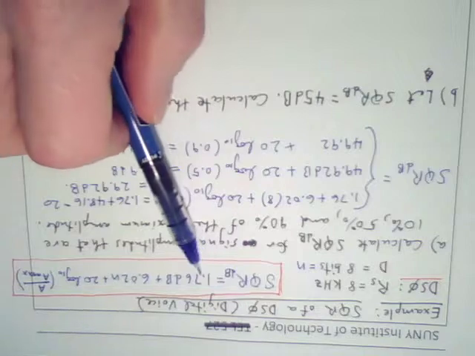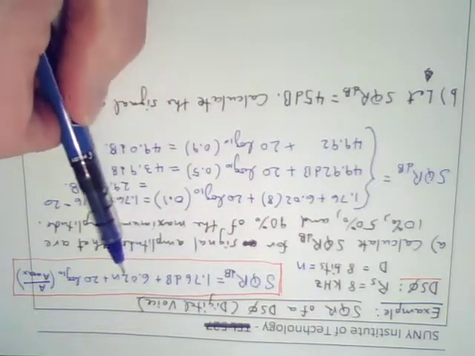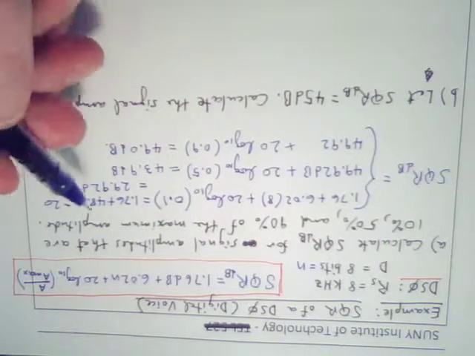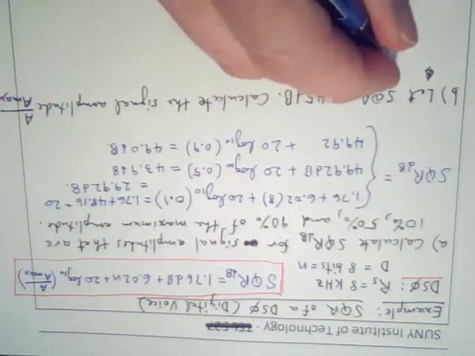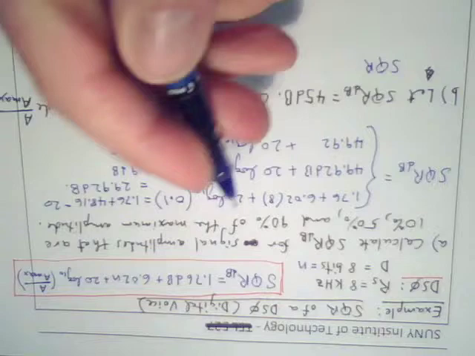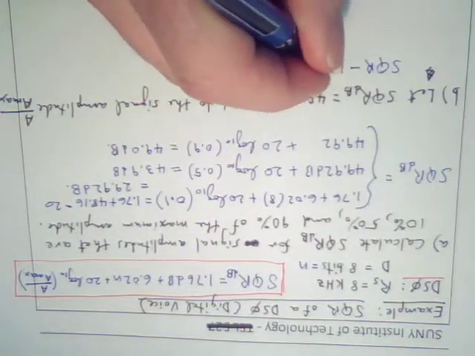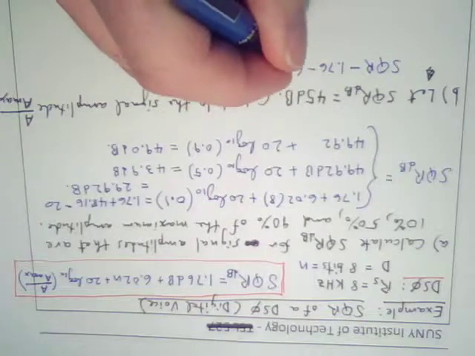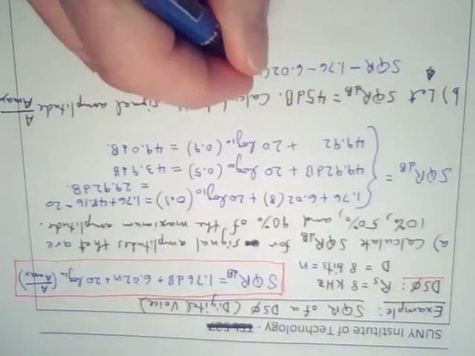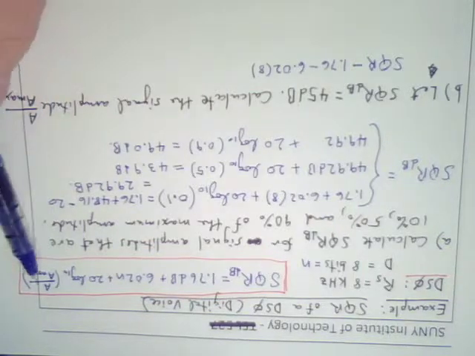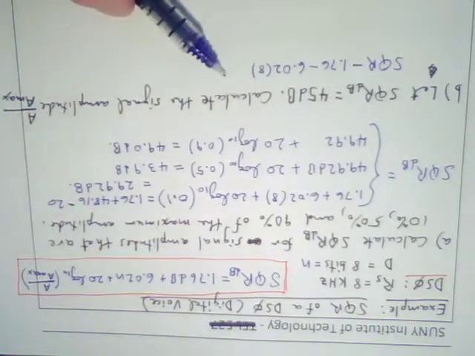We still have the case of 1.76 plus 6.02 times 8, so it's 49.92. So I'm going to get the SQR on the left-hand side, and I'm going to subtract 1.76, and I'm going to subtract 6.02 times 8. And that's going to leave me with 20 log 10 of the ratio on the right-hand side.